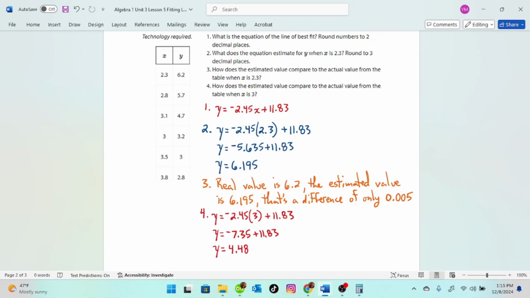In the table, the real value is 3.2. The estimated value is 4.48.